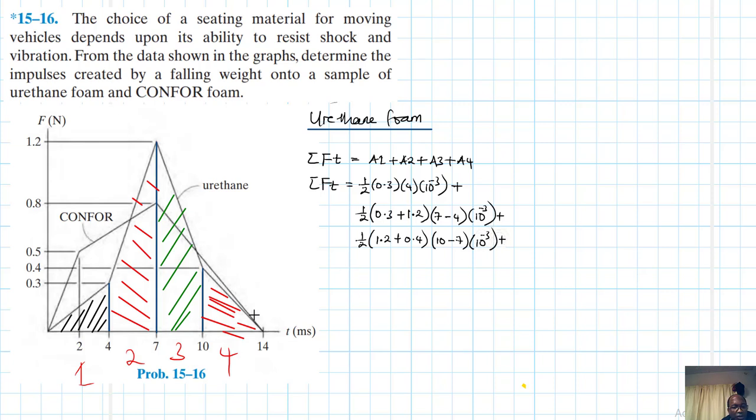Then plus a half by 0.4 by 14 minus 10, then by 10 to the negative 3.